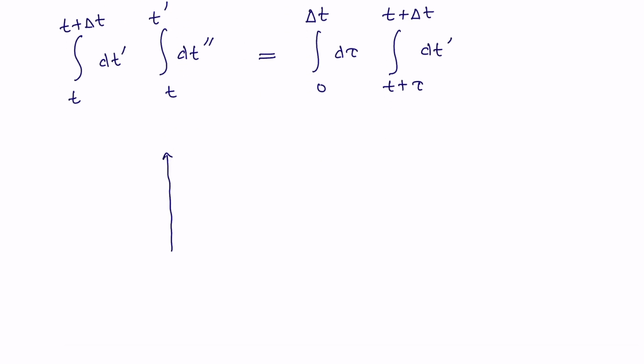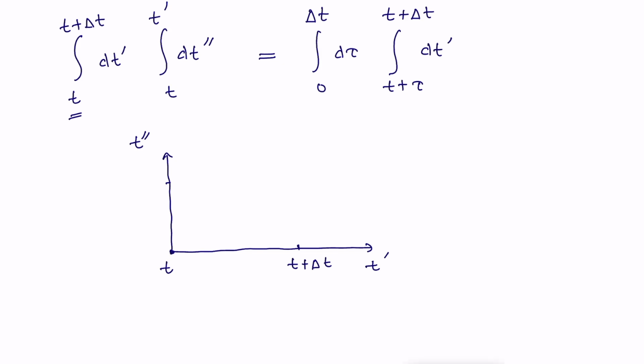We have these variables t dash and t double prime, and on the t dash axis I am going from time t to t plus delta t. On the other axis, I am going from time t to some time t dash.